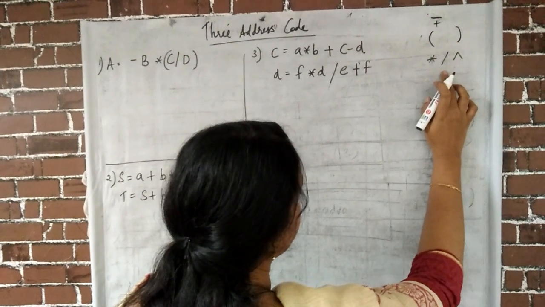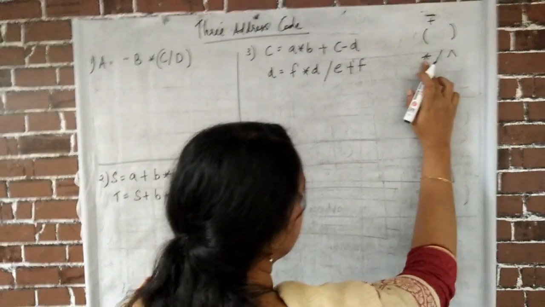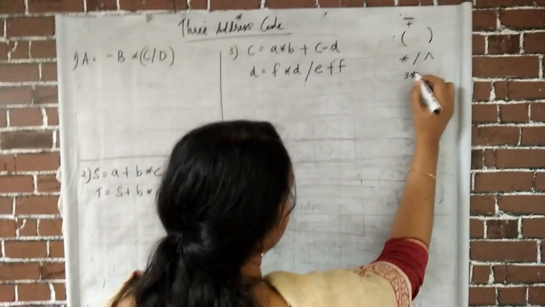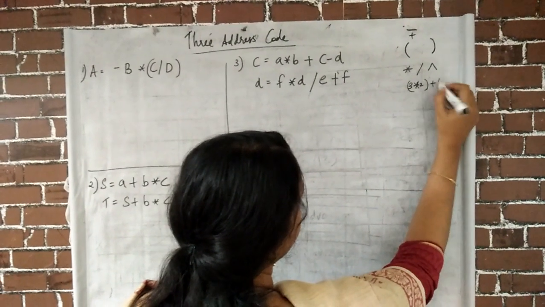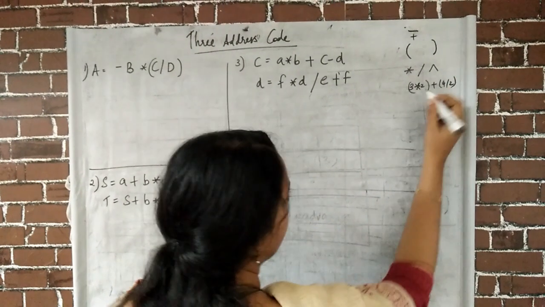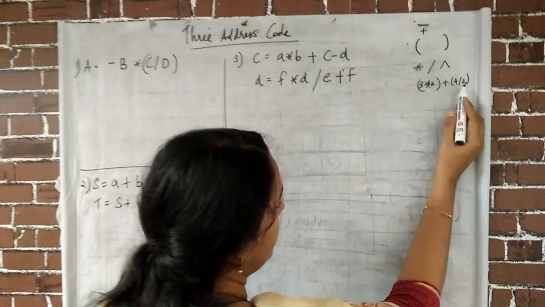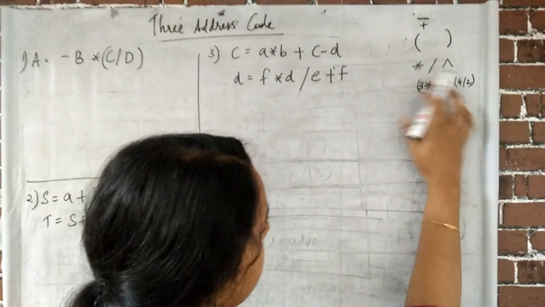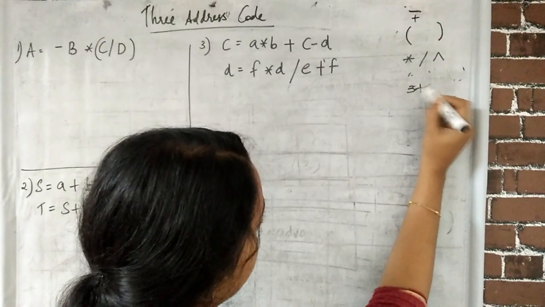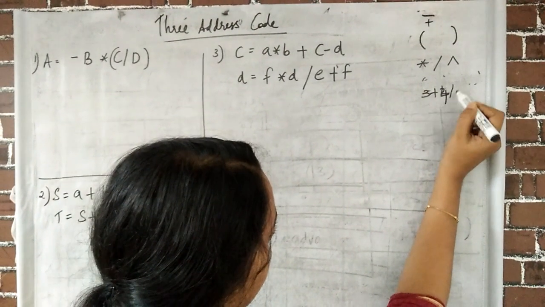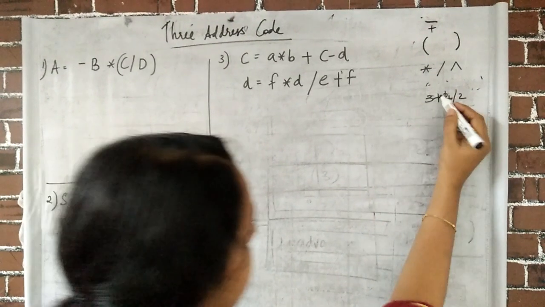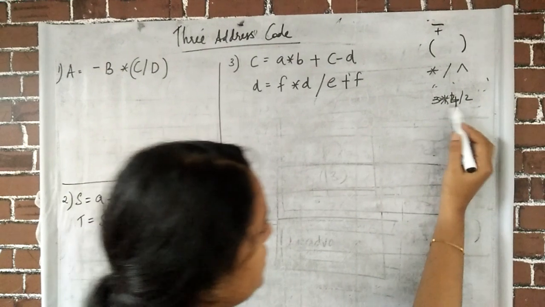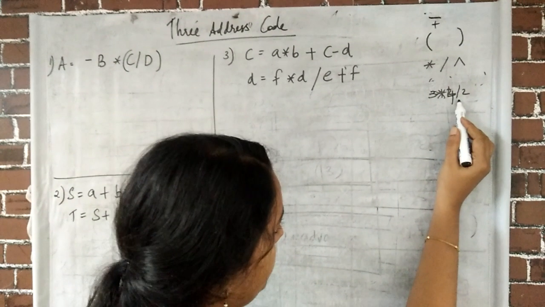Suppose in a statement you have 3 star 4 divided by 2. Here you can see there is a star operation and a division operation.